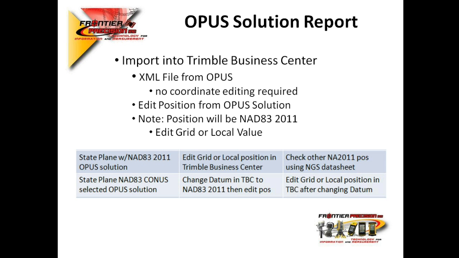But it's very key that if you've set your project up, collected a bunch of data, and get an Opus solution back, and that project was set up as state plane NAD83 CONUS and not NAD83 2011, you are recommended to change the datum first to NAD83 2011 before you edit the position.